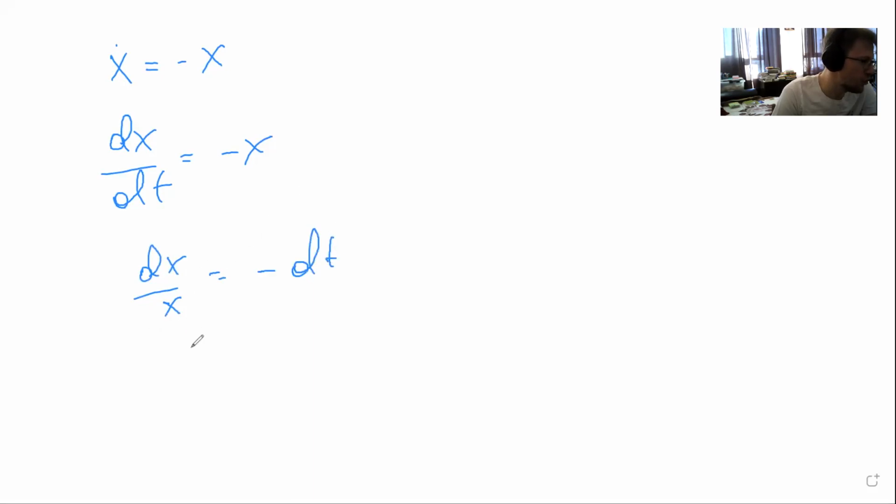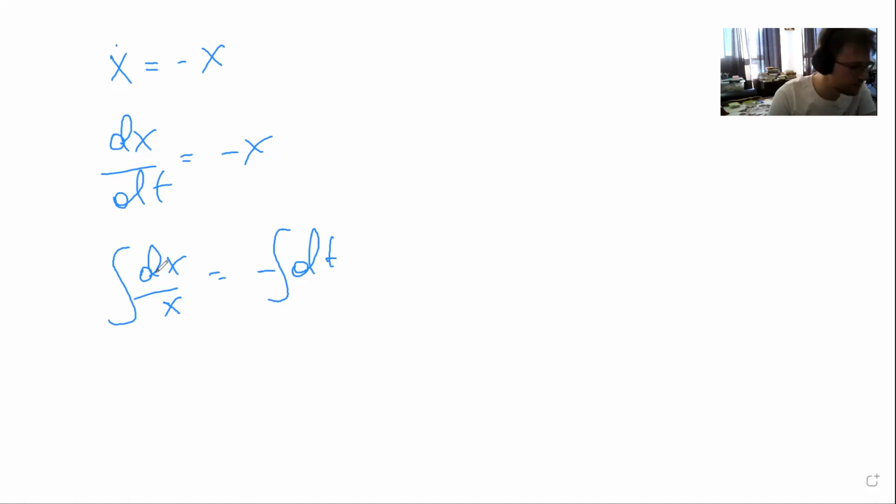Then you integrate both sides. What is the integral of dx divided by x? Natural logarithm, yes.